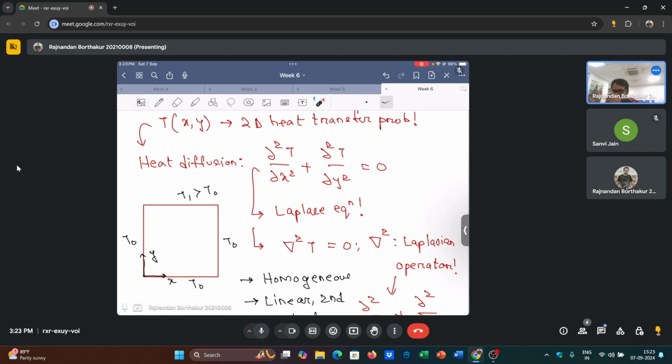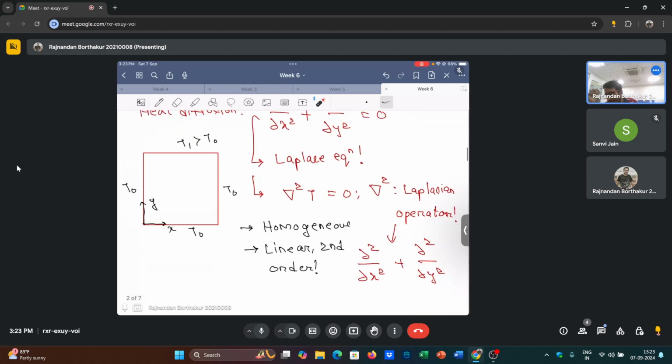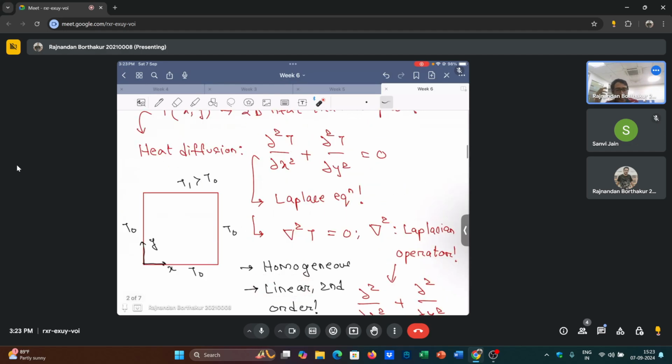I repeat, if I have an equation which is homogeneous and linear, then you can use the method of separation of variables, but this is not universally true. If my boundary conditions are non-homogeneous in two of the directions, let's say in x and y, then you cannot apply the method of separation of variables, and for that you need to use something known as transformation.